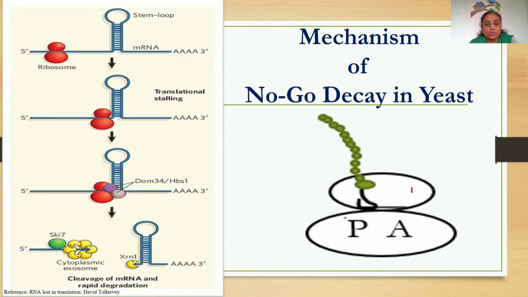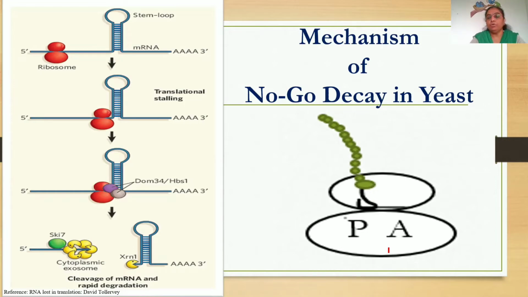Release factors are loaded, then there is hydrolysis of GTP. The polypeptide is released, and the unit consisting of the ribosome with the uncharged tRNA remains. Then the ribosome release factors come and cause dissociation of the ribosome, and the tRNA, ribosome and mRNA become free.